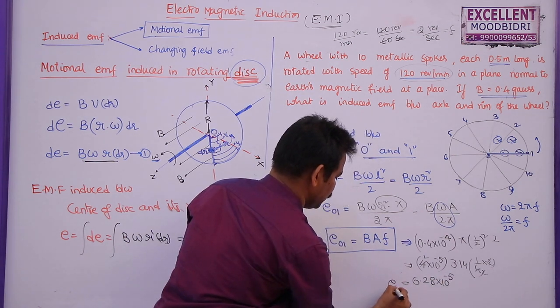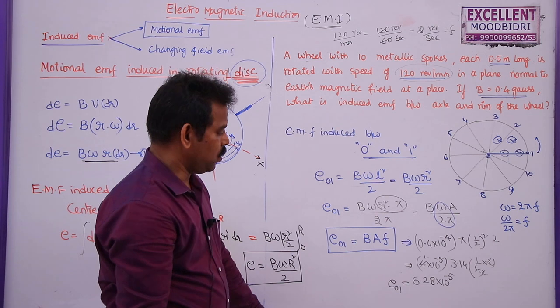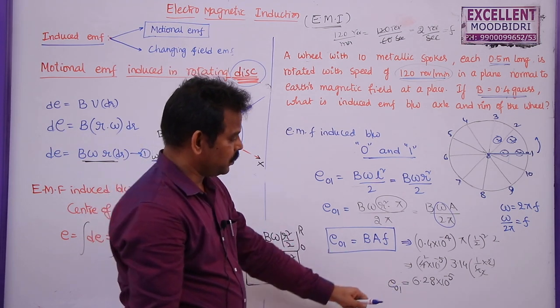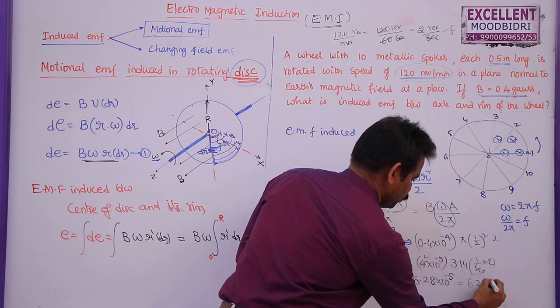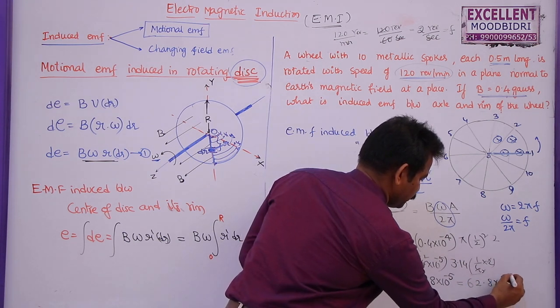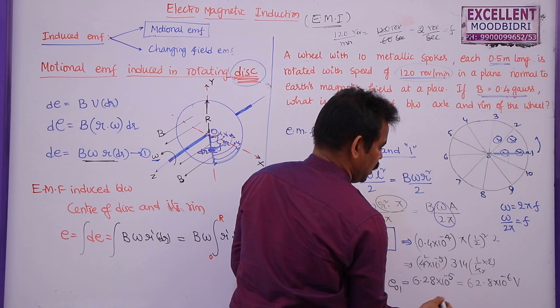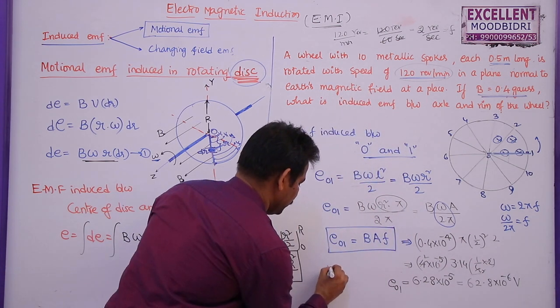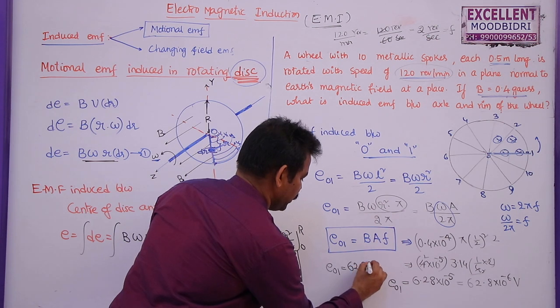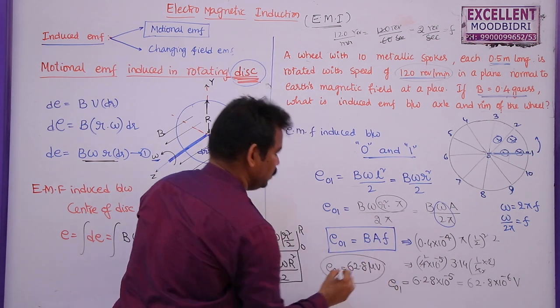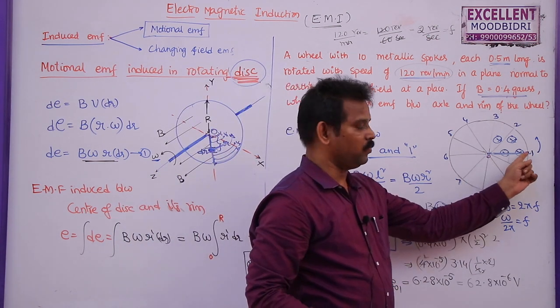So this is the EMF induced between 0 and 1. So this is equal to 62.8 into 10 power minus 6 volts, or EMF between 0 and 1 is given by 62.8 microvolts.